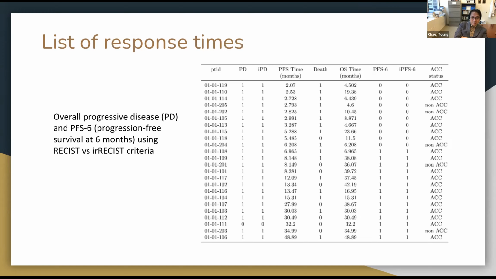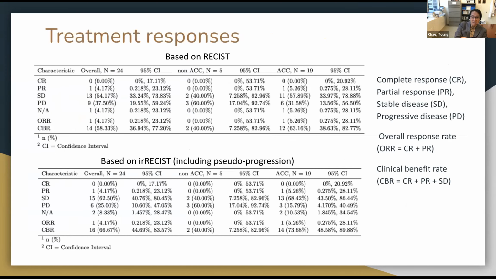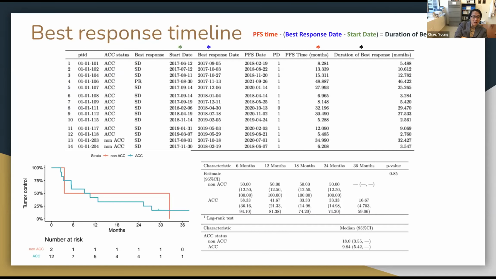Well, I guess, does this mean there was zero CR or PR? There were some temporarily, I think. That's not a table at the end. Okay. Best response. Oh yeah, they're only stable.